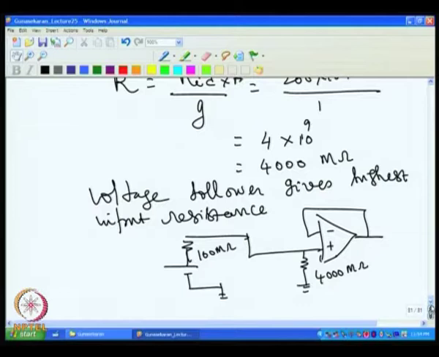Now, you may wonder what happened to the bias current, whether that is also to be considered, or we have to consider only the input resistance. In fact, when you are using the op amp, we also have to consider the bias current error in addition to the input resistance error.